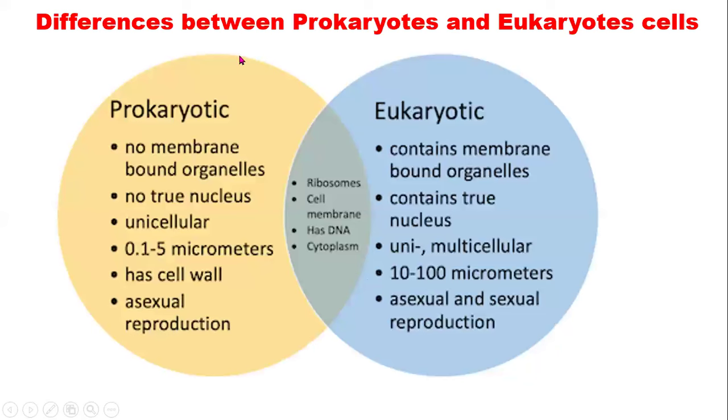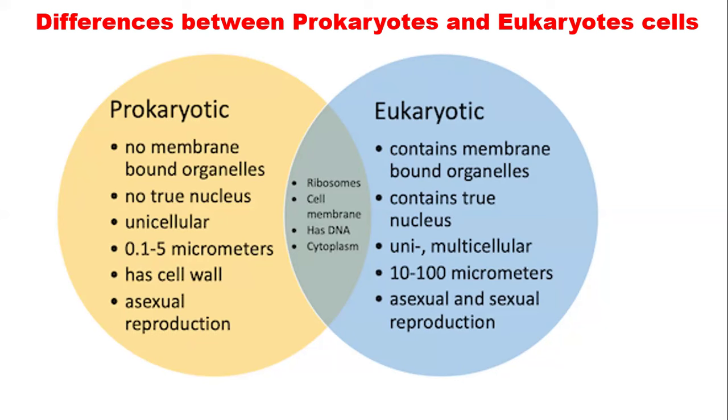So let's look at now the differences between prokaryotes and eukaryotes, or in terms of their cell, prokaryotic and eukaryotic cells. What are their differences? First, we need to understand what these prokaryotes are. Prokaryotes are single cell organisms and they do not have a true or membrane-bound nucleus.